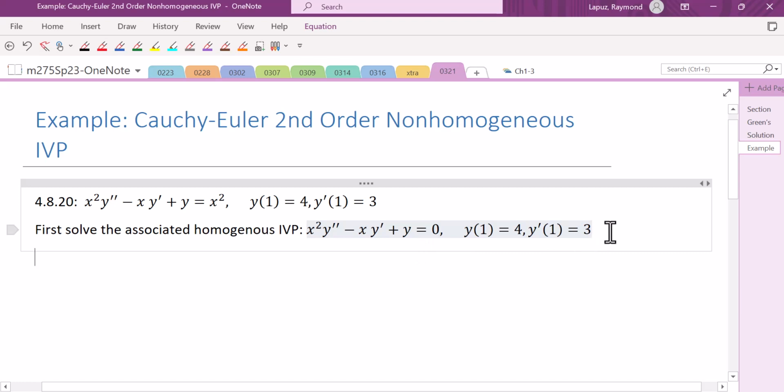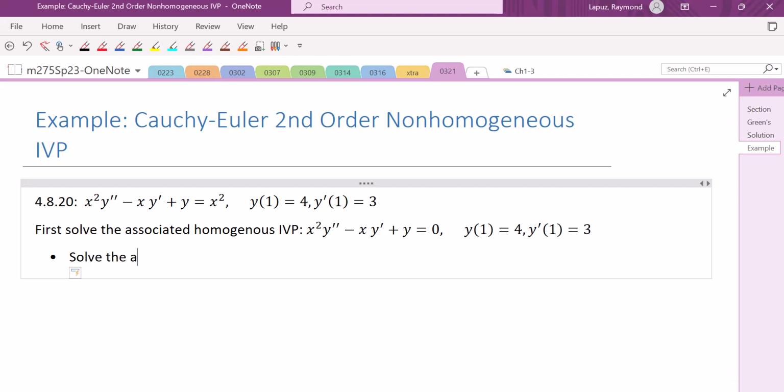Okay, and to do this, we're going to need to solve the auxiliary equation. And just to be clear, this is slightly different from our first auxiliary equation.